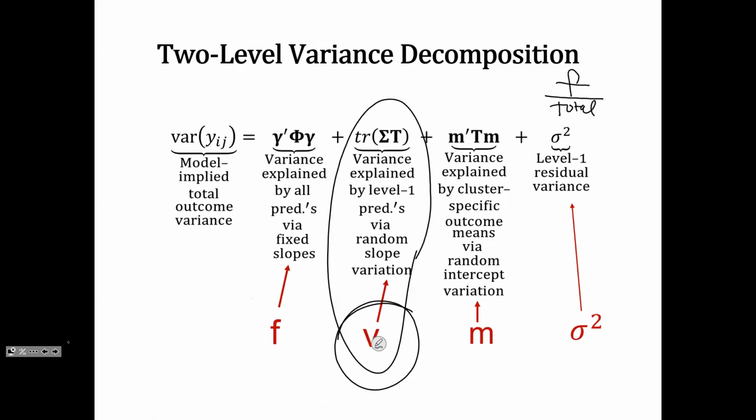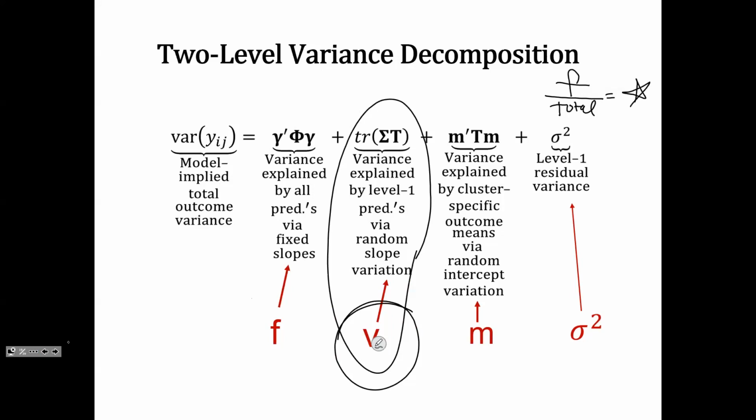And that's going to tell me what proportion of the outcome variance is explained by the fixed effects, which is kind of like a regular old R squared from a regular multiple regression model. So F divided by the total is the proportion of variance explained by my predictors, like by my fixed effects. So that's super interesting, right?